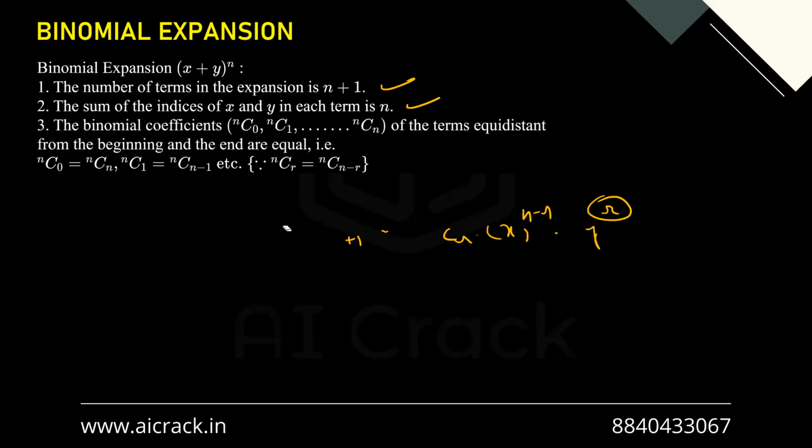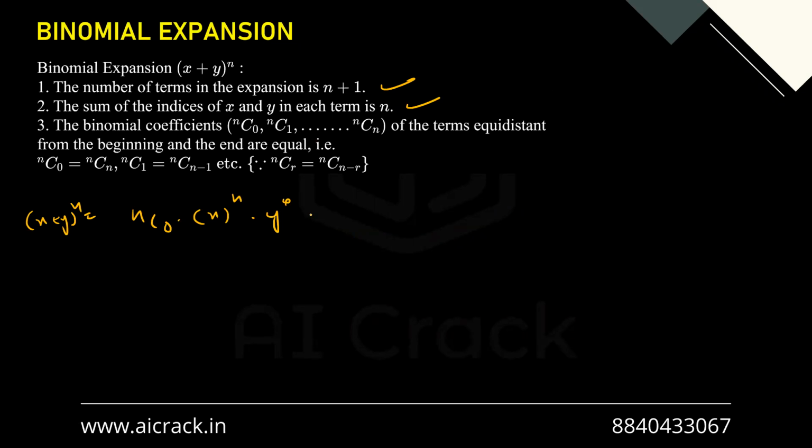That is again very obvious. Let's try to write it for a general term. The first term would be nC0 · x^n · y^0, plus the second term, which would be nC1 · x^(n-1) · y^1.